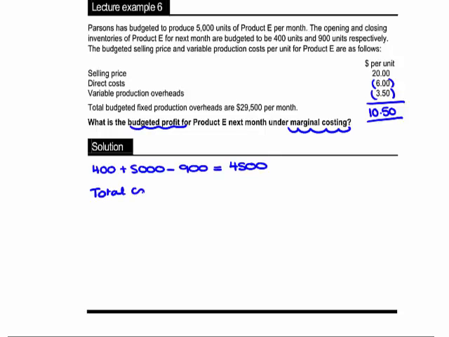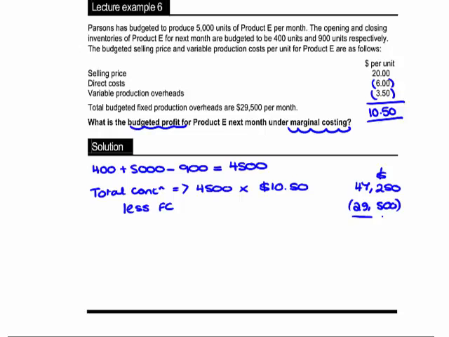So our total contribution is 4,500 units times $10.50, so contribution is going to be 47,250. To get to profit, we take off the fixed costs of 29,500, and that gives us profit of 17,750. Watch out for questions, because sometimes they'll ask for budgeted profit and sometimes they'll ask for budgeted contribution.